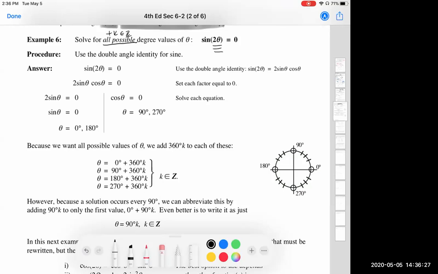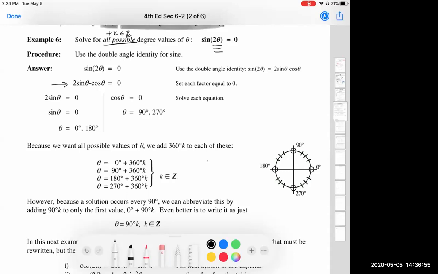The way we're going to go about it for this section is to rewrite it using our double angle identities. So we can write sine of 2 theta. If you look at your identities from section 5.4, we can rewrite this as 2 sine theta cosine theta. All right, they're being multiplied, so I can go ahead and split it. So we have 2 sine theta equals 0 and cosine theta equals 0.